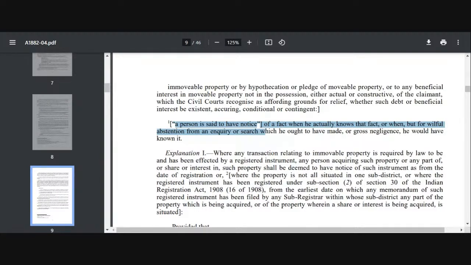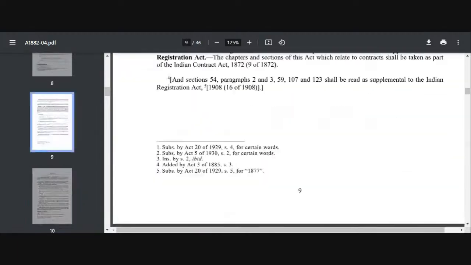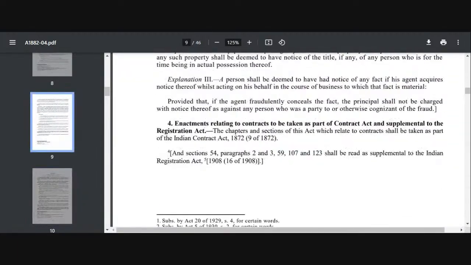अब आप आ जाओ section 4 पर। Section 4 जो है वो बात करता है that the chapters and sections of this Act which relate to contract shall be taken as part of the Indian Contract Act, and section 54 का paragraph 2, 3, 59, 107, 123 shall be read as supplemental to the Indian Registration Act.